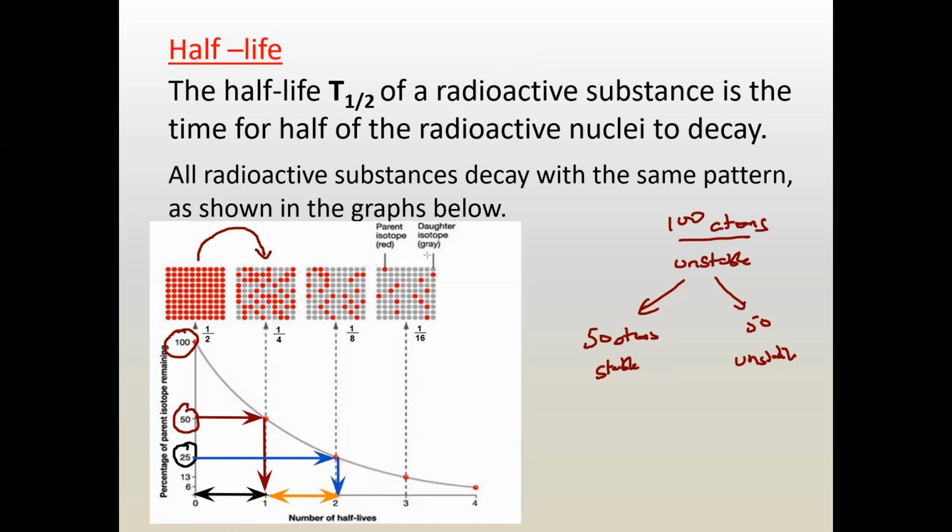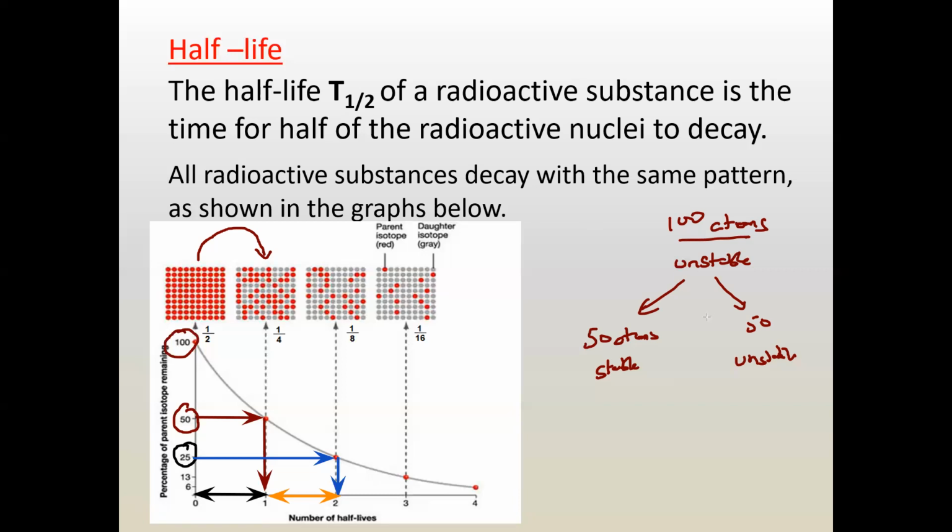And when the sample starts to decay, the amount of stable atoms increases and the amount of unstable atoms decreases. Like in the beginning, if we have 100 unstable atoms, after the first half-life, 50 will be stable, 50 will be unstable.